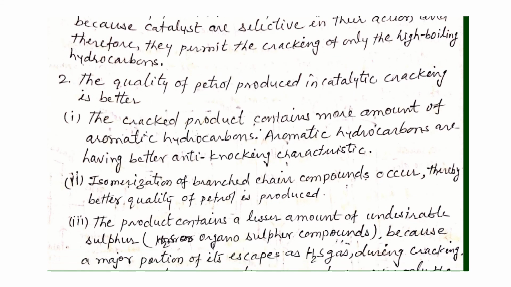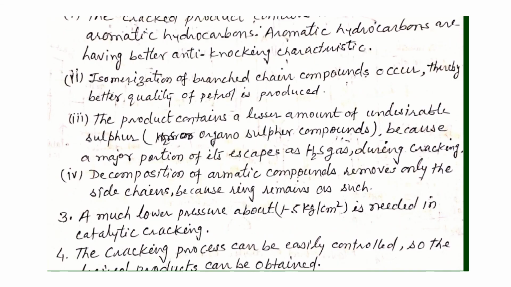Second advantage, the quality of petrol produced in catalytic cracking is better. The cracked product contains a greater amount of aromatic hydrocarbons. Aromatic hydrocarbons have better anti-knocking characteristics. Then isomerization of branched hydrocarbons occurs there, thereby better quality petrol is produced.